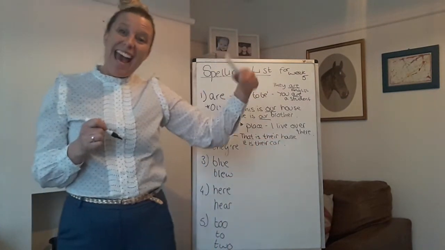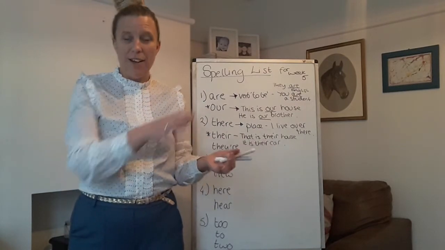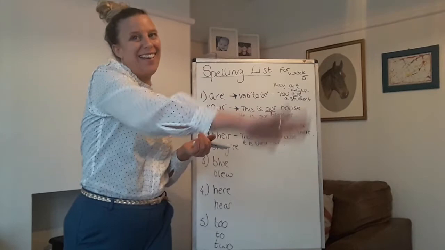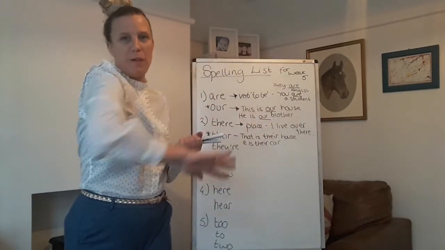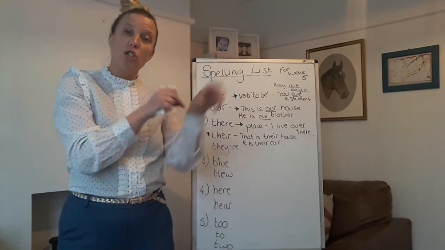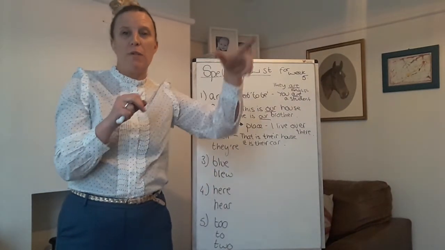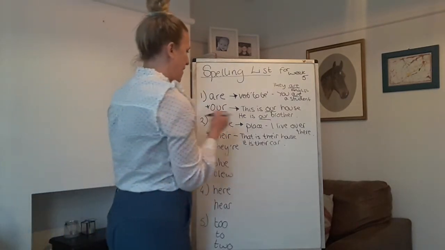That is their house. The house belongs to them, not anybody else. It belongs to those people there. More than one person, that group of people. It is their car. The car belongs to that group of people. Okay? So again, it's another possessive adjective.